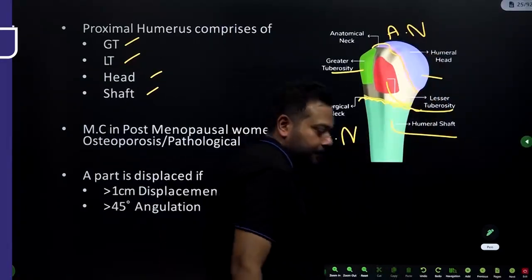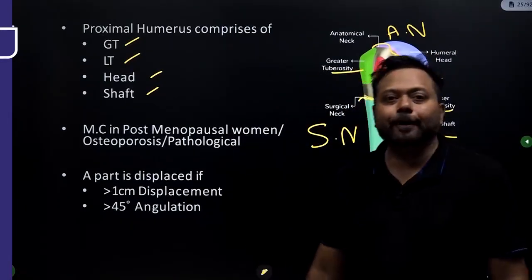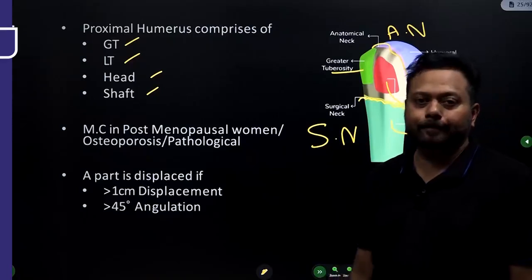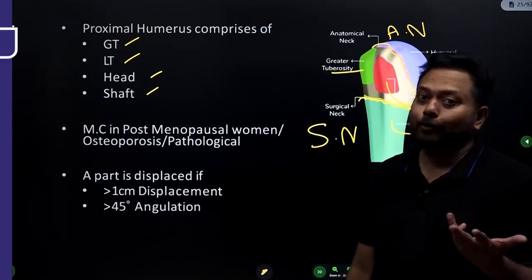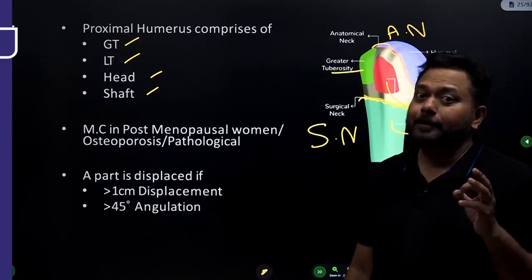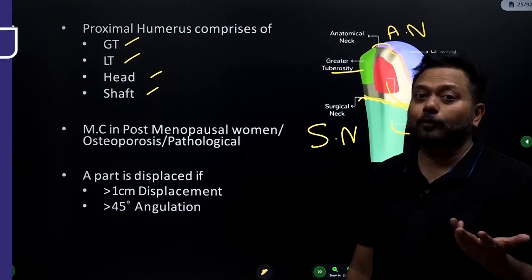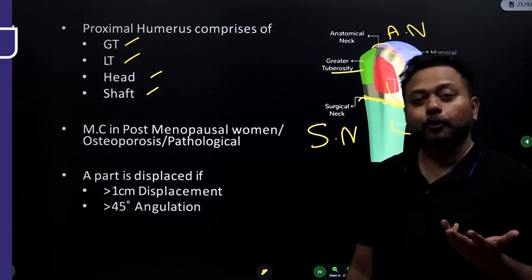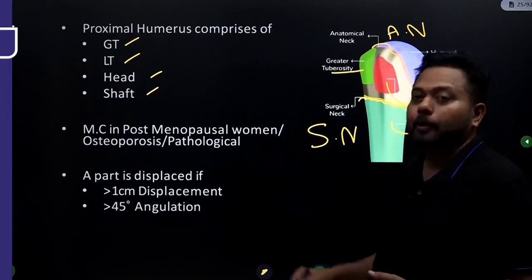These are very basics. When a fracture happens in the surgical neck, many patients go for non-union. If it happens in the anatomical neck, many patients go for avascular necrosis of the head of the humerus. So this is very important.